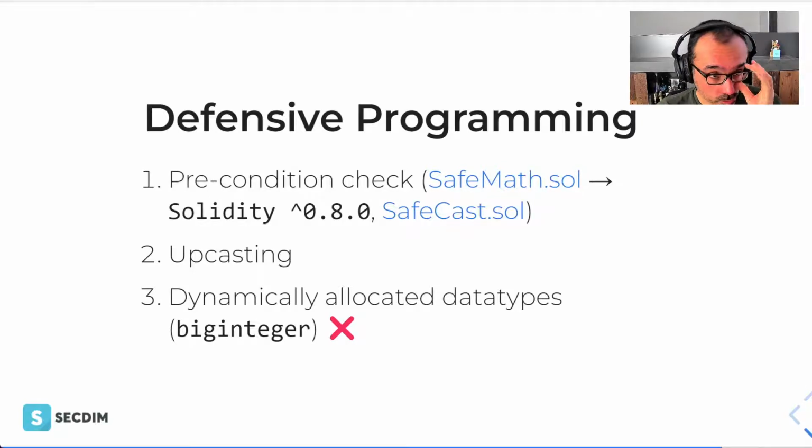One very good news that we have now is that from Solidity version 0.8.0, by default, all the arithmetic operations are precondition checked. I will show you an example of that a bit later, how that is being done.